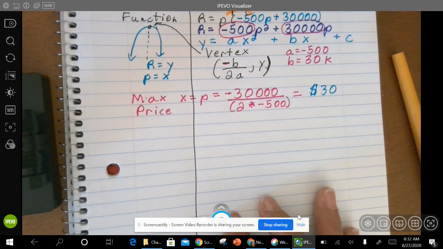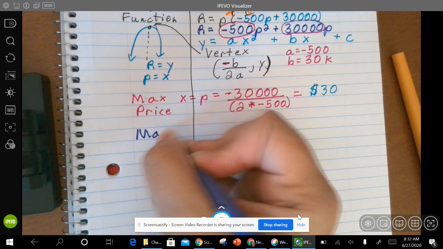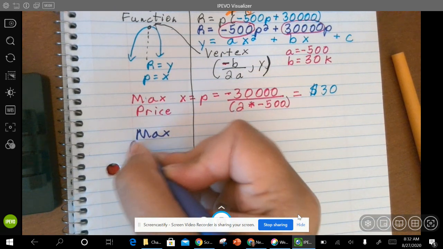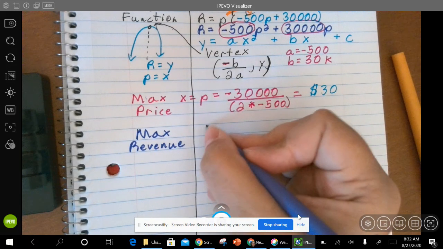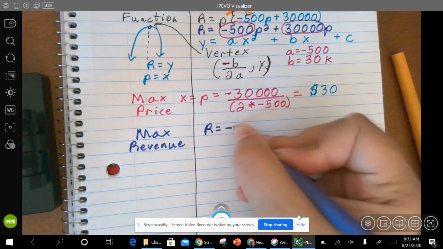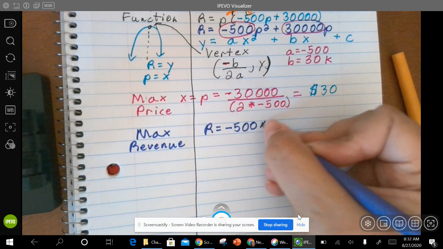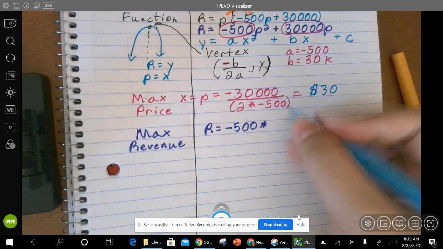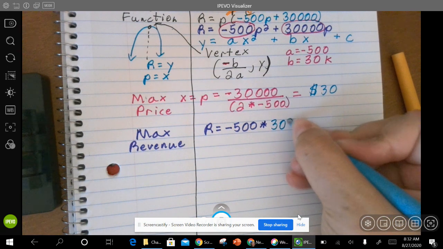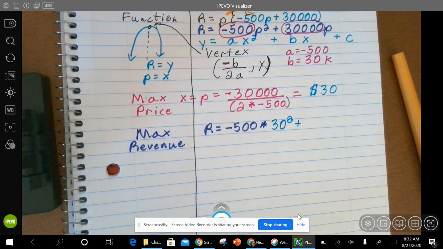Now we need to solve for the maximum revenue. We got the maximum price, now we need the maximum revenue. So the revenue is going to be equal to negative 500 times, we're going to substitute in that 30 squared, plus our 30,000 times 30.